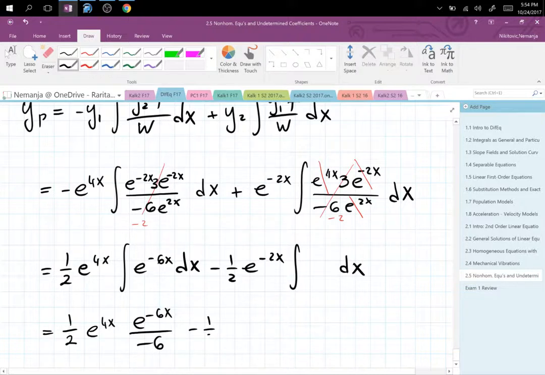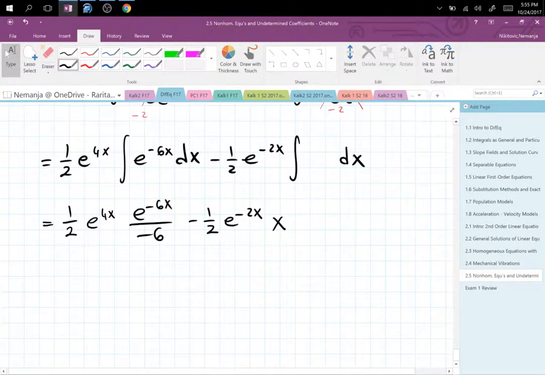And then minus 1/2 e to negative 2x, and integral of this is just x. And, oh, we don't put plus c, we have c1 and c2 in the first part.